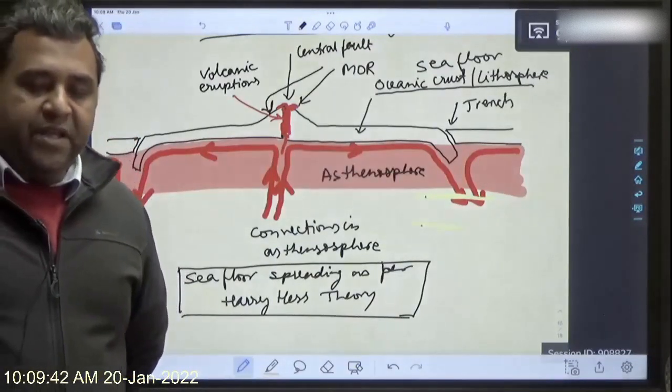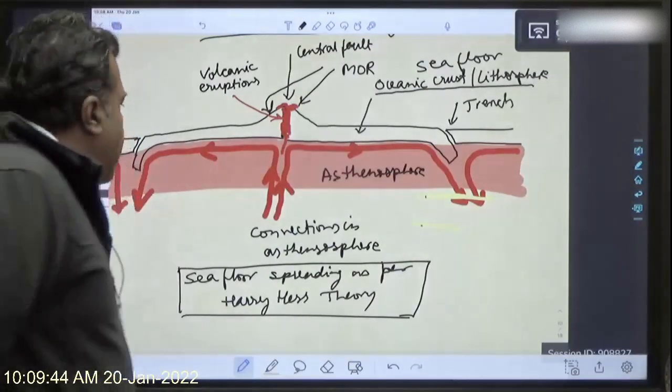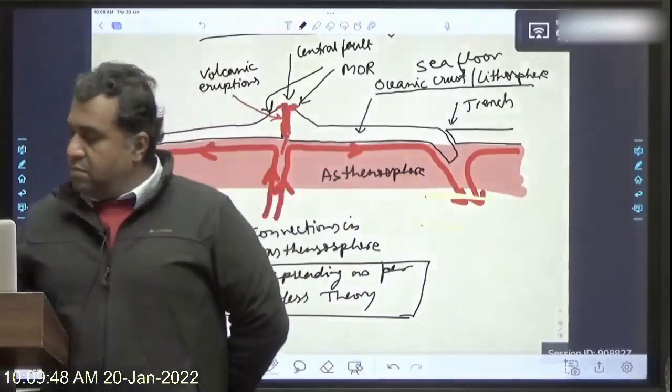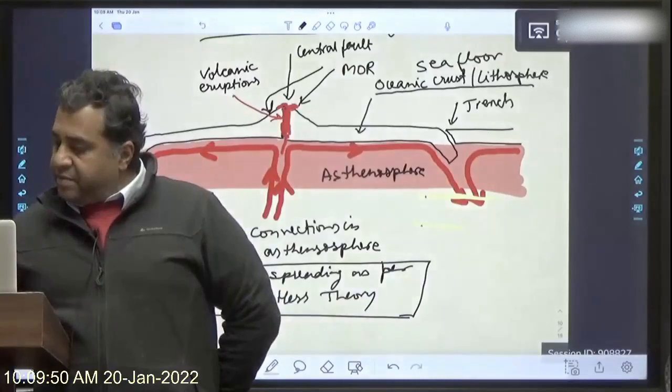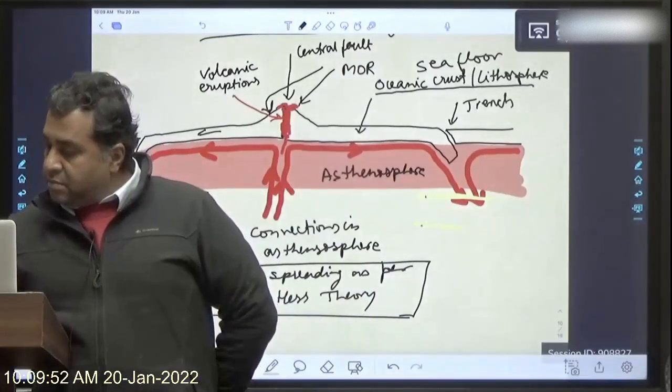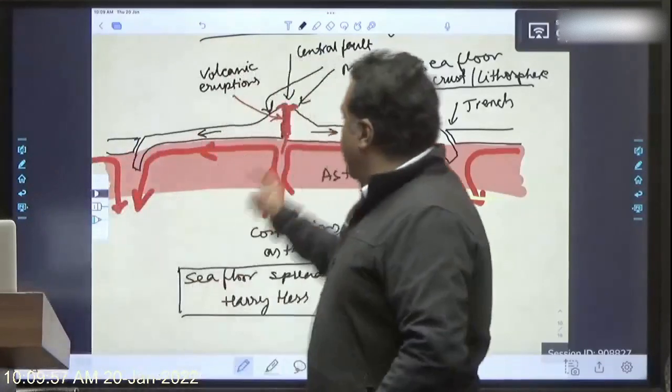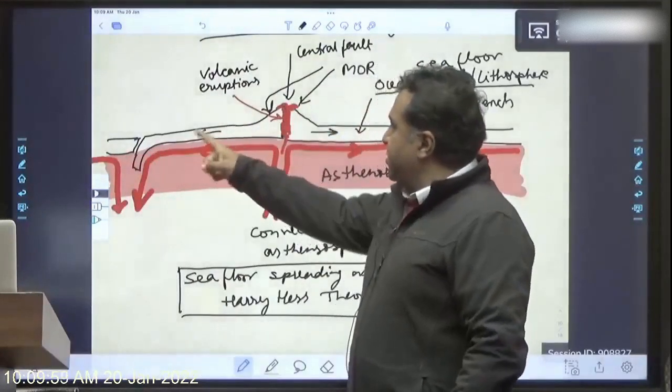keeps spreading away, driven by, drawing the arrows of the spreading away. You can see, keep spreading away. This one goes this way, this one goes this way.